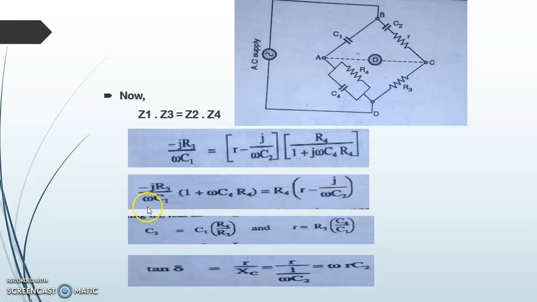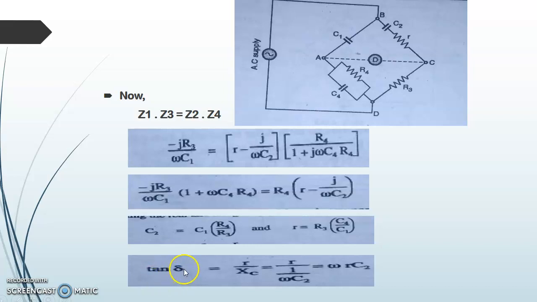Separating the real and imaginary parts from this equation, we get C2 is equal to C1 into R4 upon R3, and R is equal to R3 into C4 upon C1. Now from this we have tan del. Del is our loss angle.